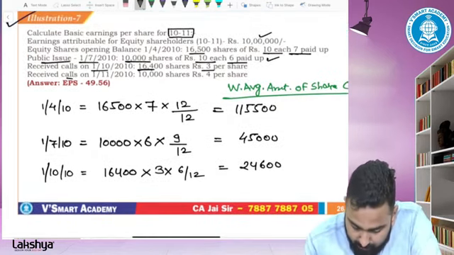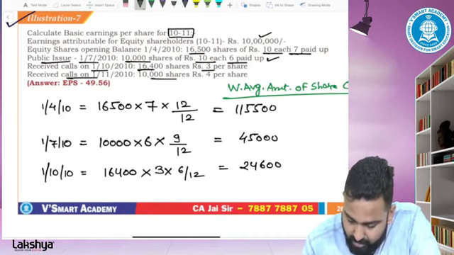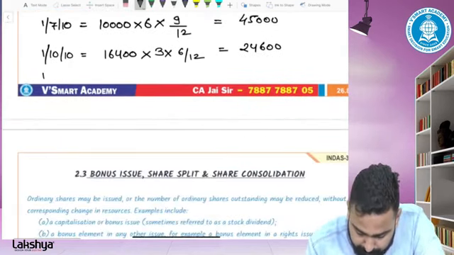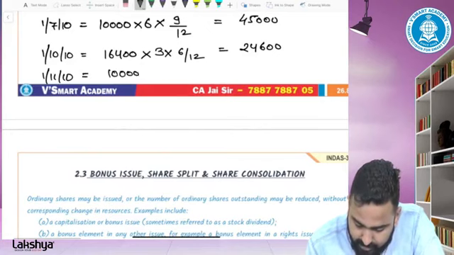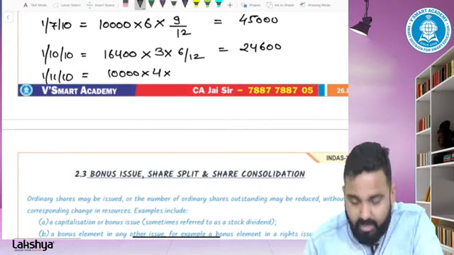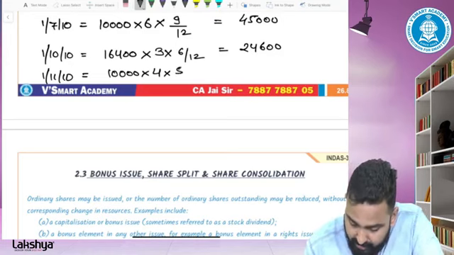24,600. Received calls on 1st November, 10,000 rupees 4 per share. On 10,000 shares, the remaining 4 rupees were unpaid. Now it is received into 5 by 12.